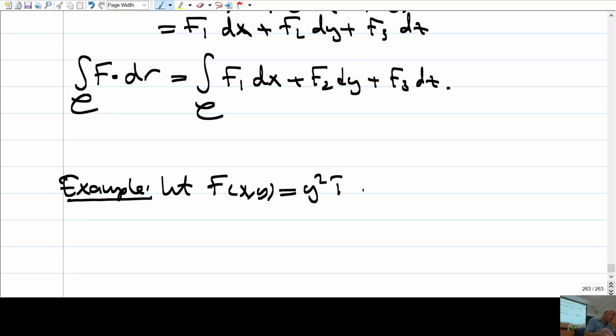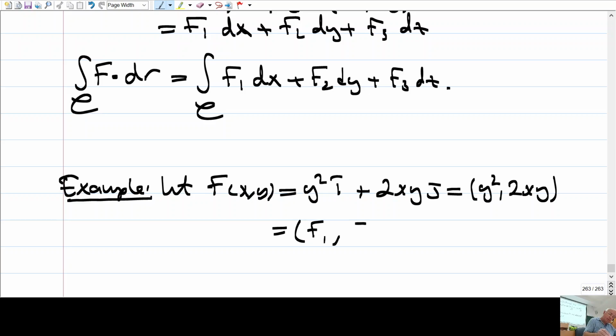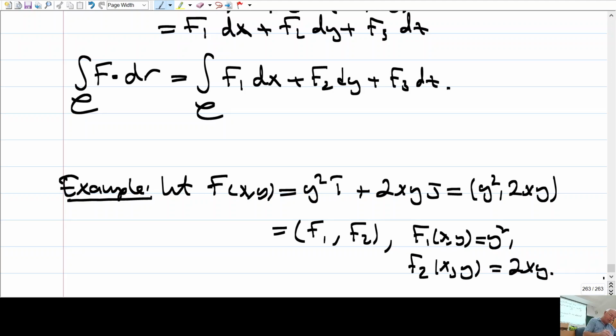So suppose this is the vector field. If I write in parentheses, the first component is y squared, the second component is 2xy. Or if I write it as f1, f2, so f1(x,y) is just y squared, and f2(x,y) is just 2xy, okay?